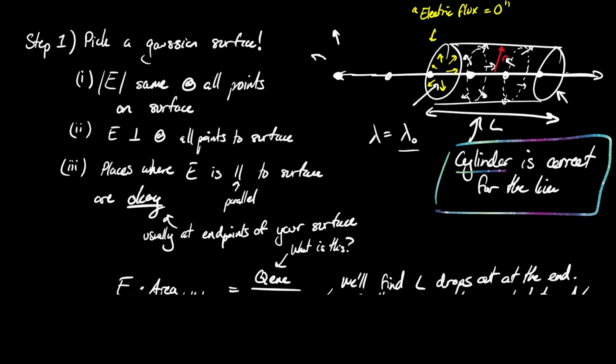This line is taken in the limit of it being really long and really ideal. So I didn't give you the charge total on the line. I gave you the charge per unit length. So how do we find the charge along this blue segment of the wire here of length L?